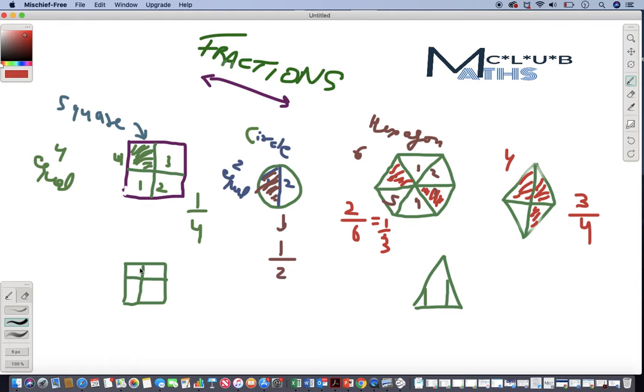Okay. Let's talk about the negative one. This is a square with 4 parts in it.